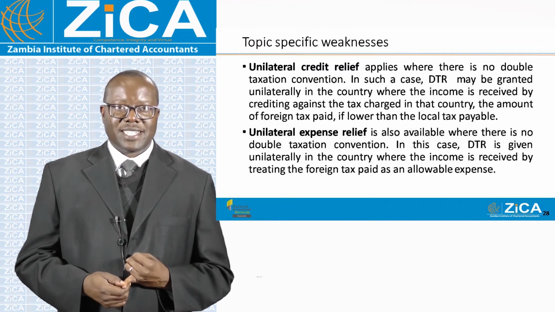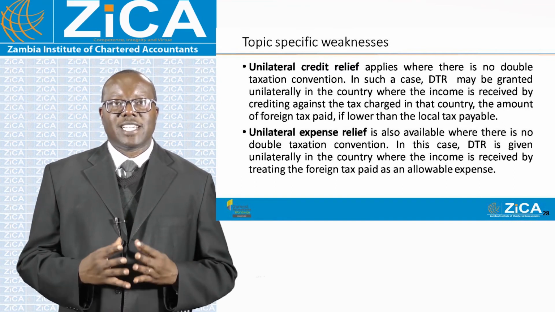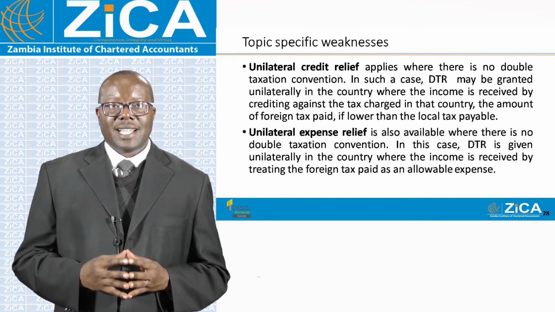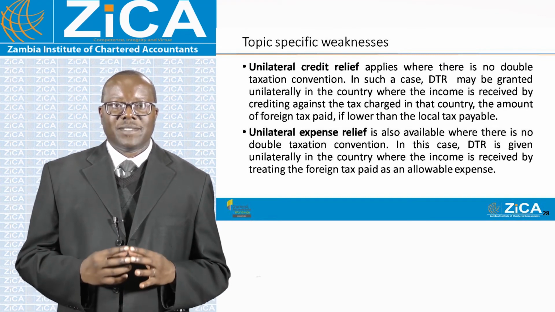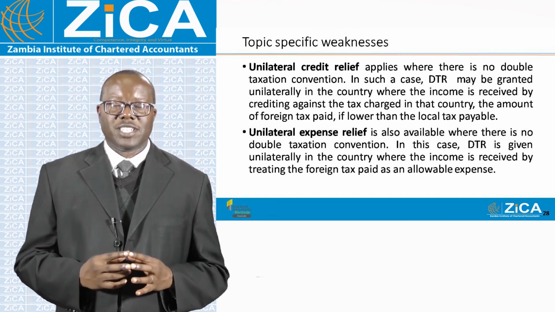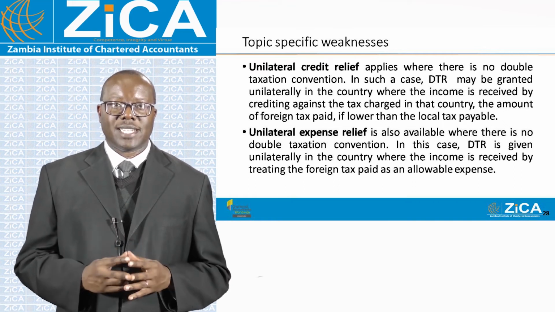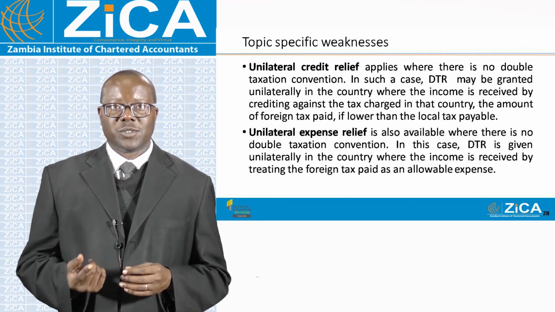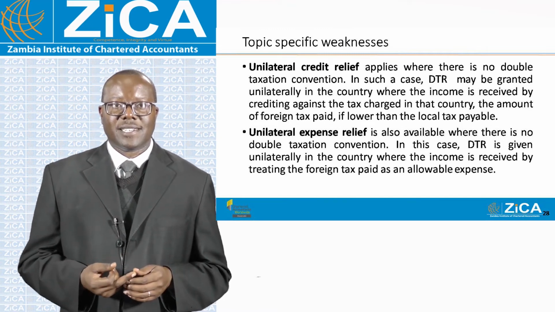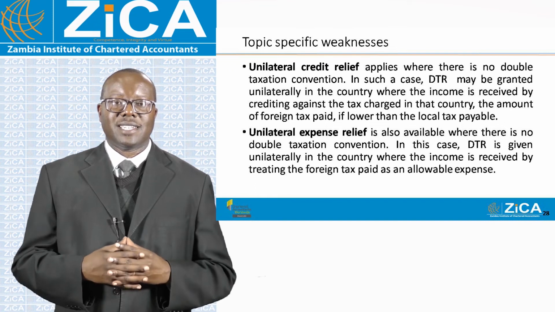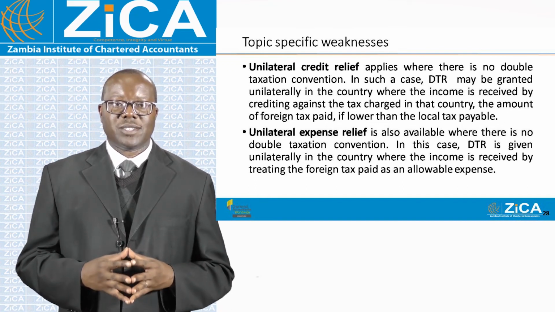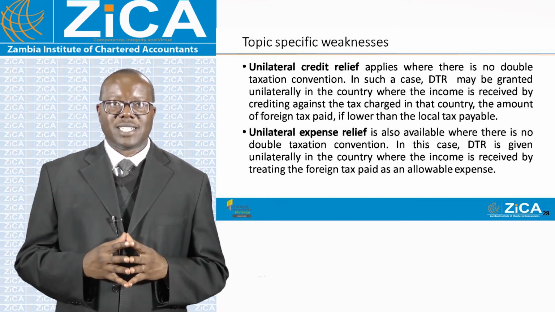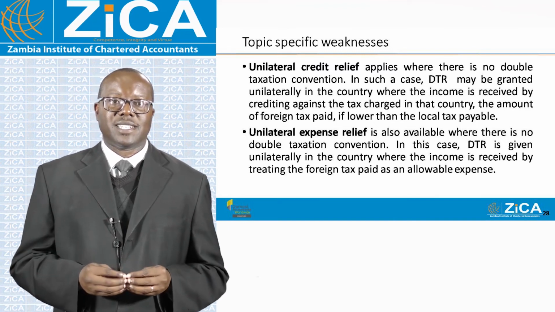Ideally, unilateral credit relief and unilateral expense relief are both granted where there is no double taxation convention between two states: the state where the income arises from, which is the source state, and the state where the income is received, which is the state where the person who has earned that income receives it.